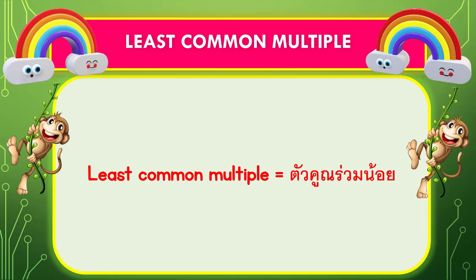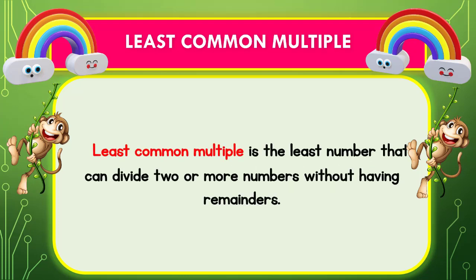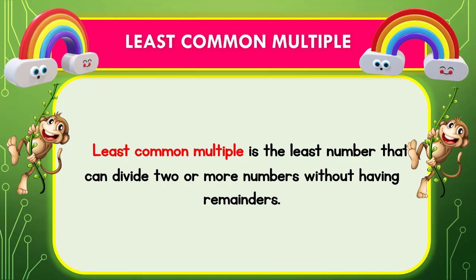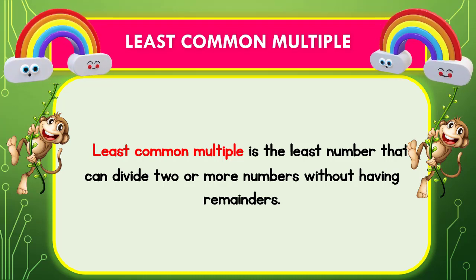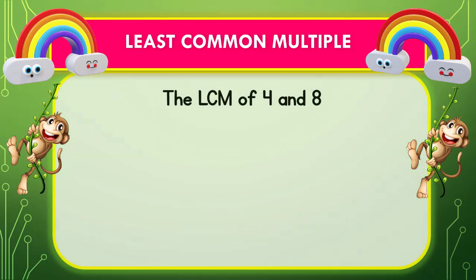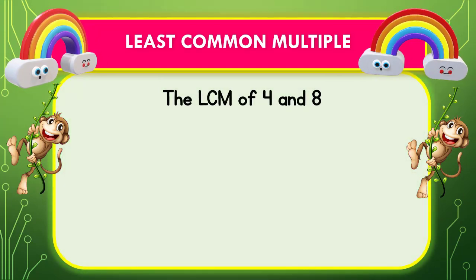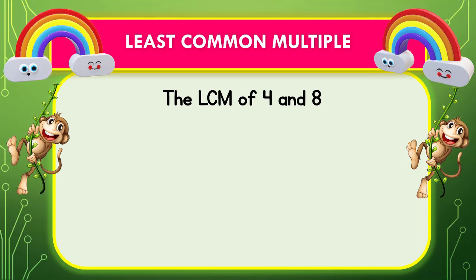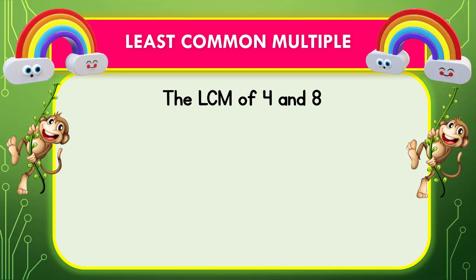The least common multiple is the least number that can divide two or more numbers without having remainders. You can say LCM, the least common multiple.